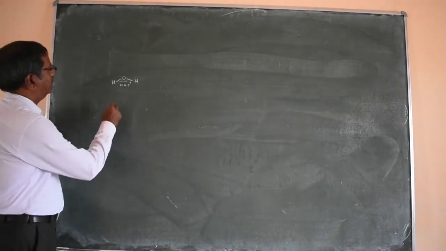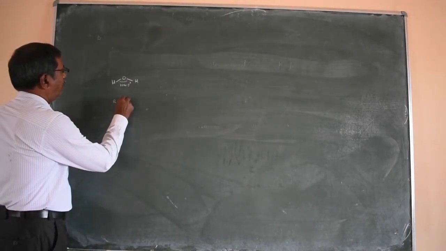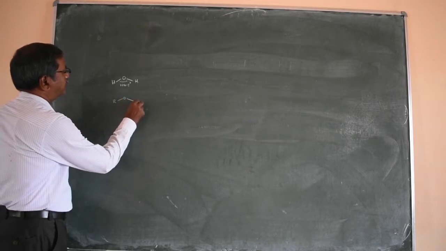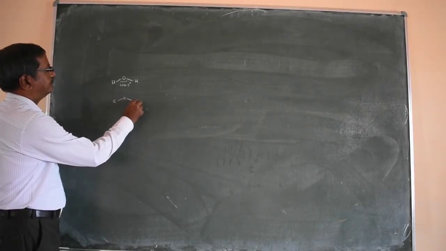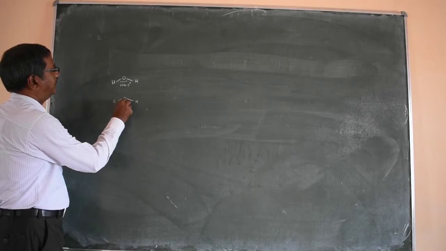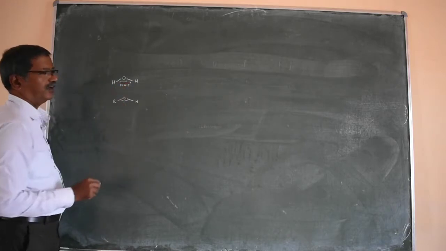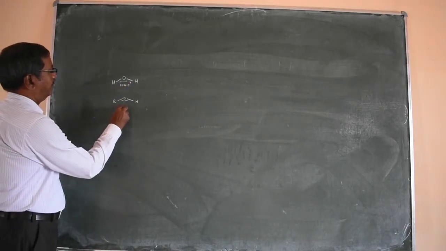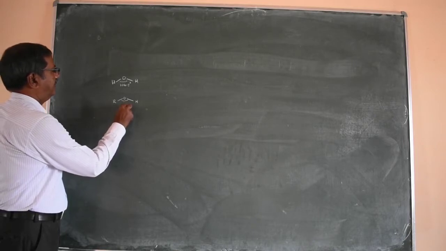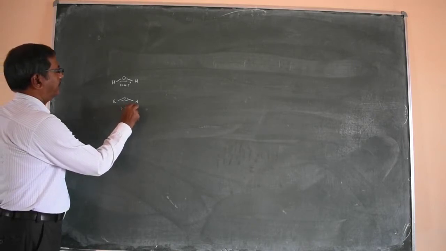Well, in alcohol, it's ROH. The structure is similar to that of water. The bond angle is slightly greater than 104.5 degree. Always it is greater than 104.5 degree.